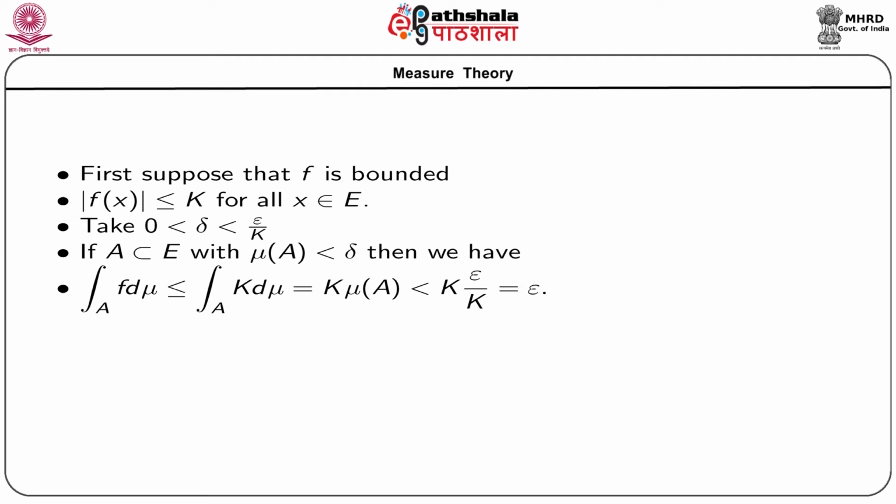So, we have the result that for that particular choice of delta, whenever I have a measurable set A with measure less than delta, the value of the integral over A is also less than epsilon.